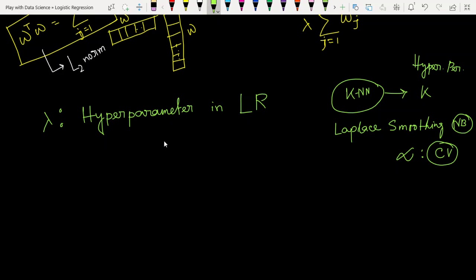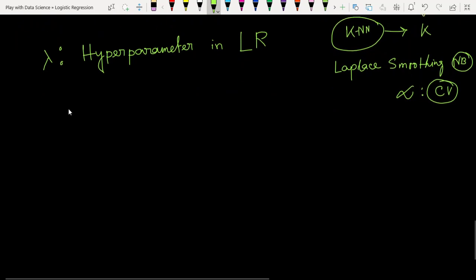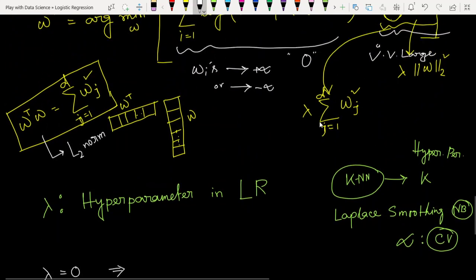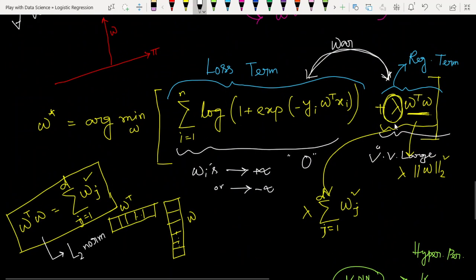So here, if we take lambda equal to 0 in logistic regression, what will we find? If lambda is equal to 0, then our regularization term will be totally 0. Then the only thing left is our loss term.